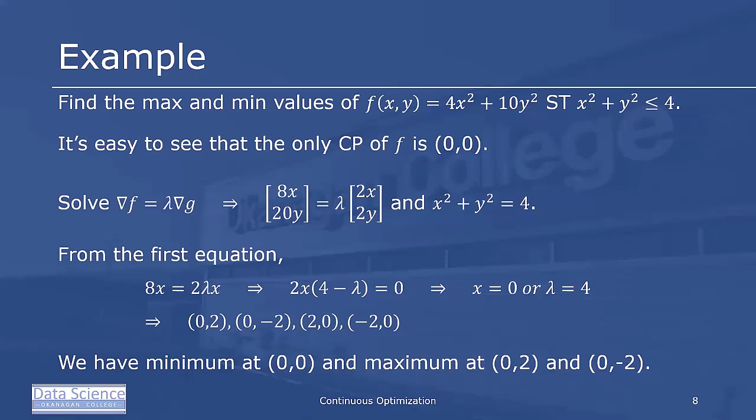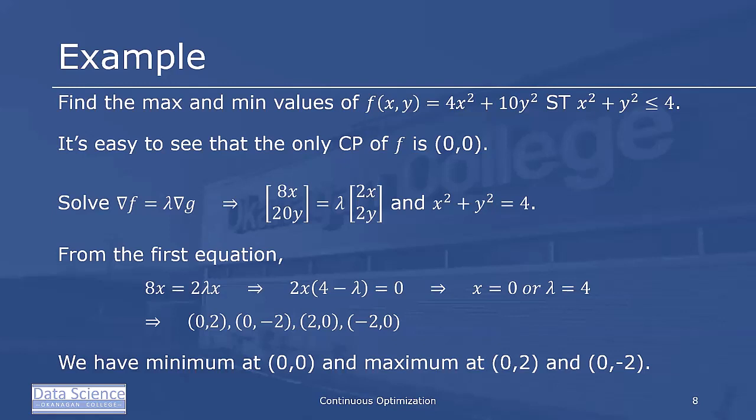From the first equation, we get 8x equals lambda times 2x. So we'll rearrange to get 2x times 4 minus lambda equals 0, which gives x equals 0 or lambda equals 4. Taking those points and plugging them in, we end up with 0, 2, 0, negative 2, 2, 0, and negative 2, 0.